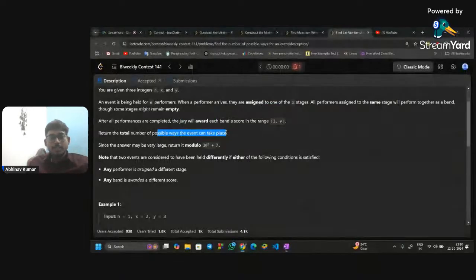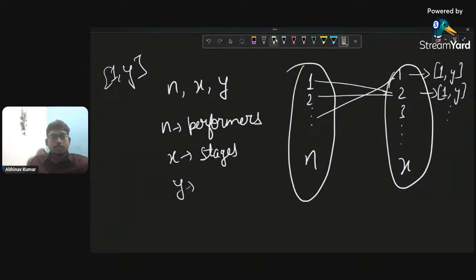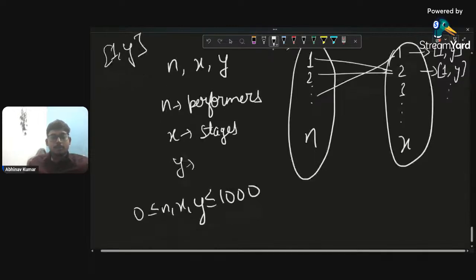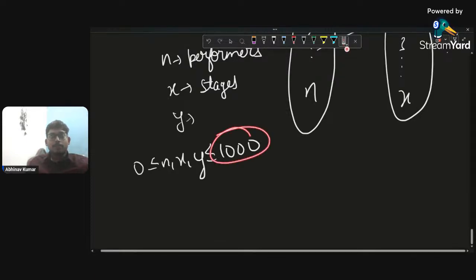And if you look at the constraints of the problem, n, x, y are all up to 1000. So basically you can do something of the square of 1000, something like n into x or n into y.